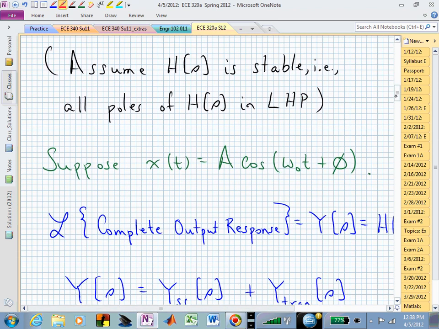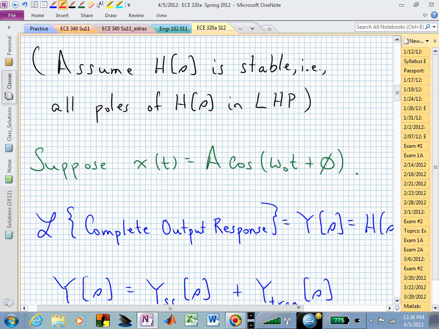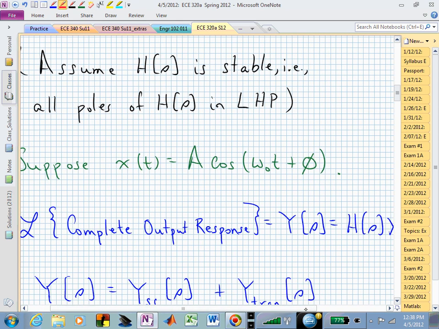And what we want to do now is excite that stable system with a sine wave. In this case, that sinusoid is a cosine. It has an amplitude of A, a frequency of omega naught, and for generality it has a phase shift of phi. That's what we're exciting our linear system with.